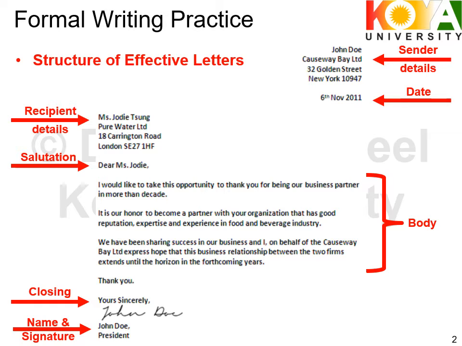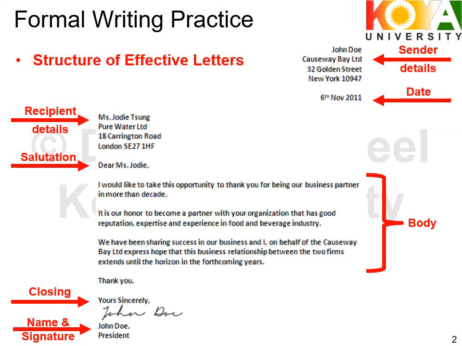Letters are usually closed with either 1 or 2 words, for example, "Sincerely yours," "faithfully," or a combination of these, and should be followed by the name and signature of the sender. You should also note that if you are enclosing or attaching documents to your letter, you should write "enclosure" below your name and signature at the bottom of the letter.